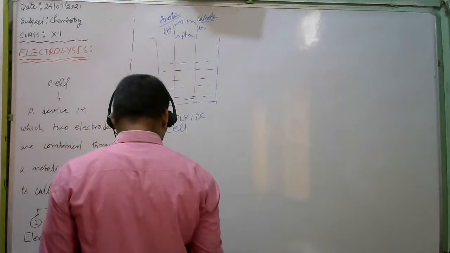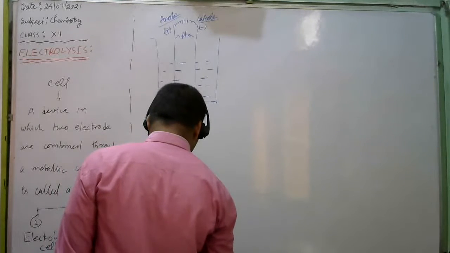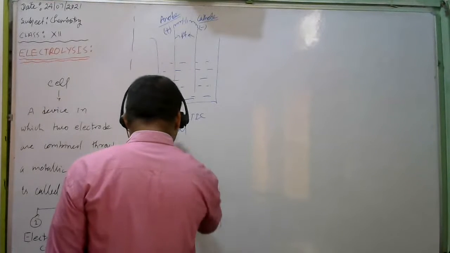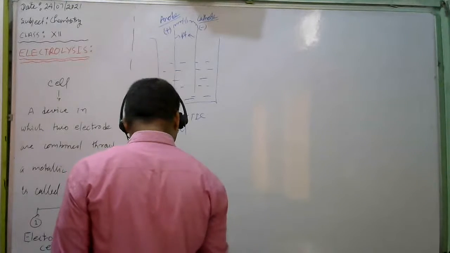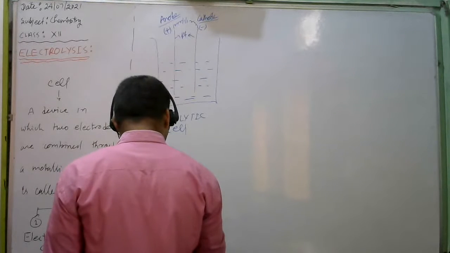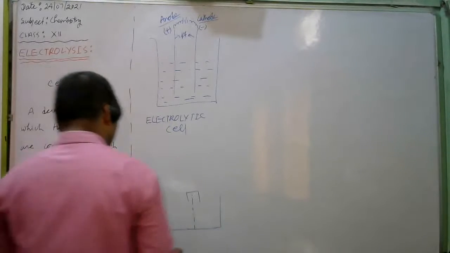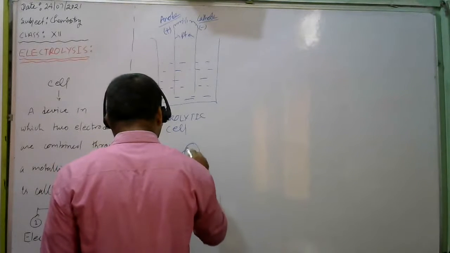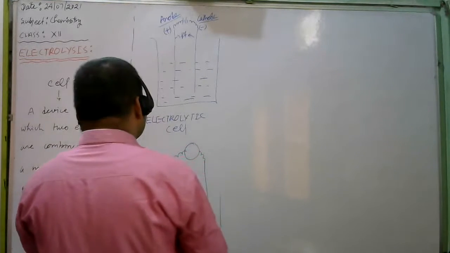In the electrochemical cell, just opposite, both electrodes are present in separate chambers, and both chambers are joined by a salt bridge. We will discuss it in detail. Here, dear students, electricity is generated.